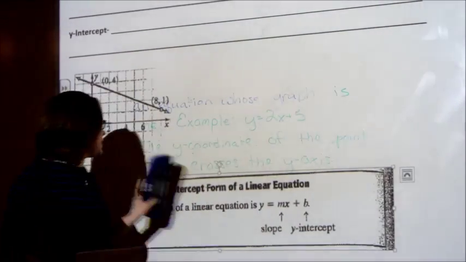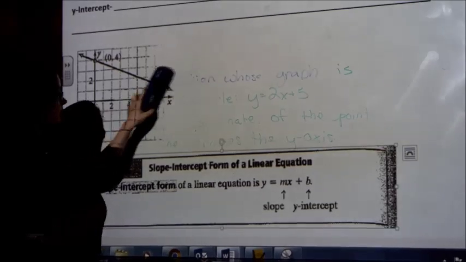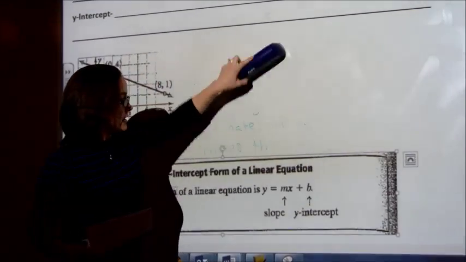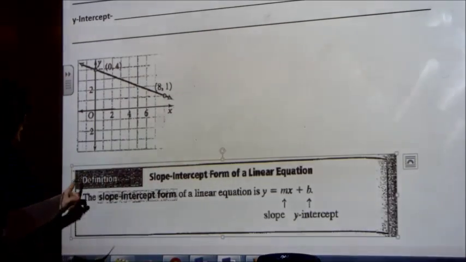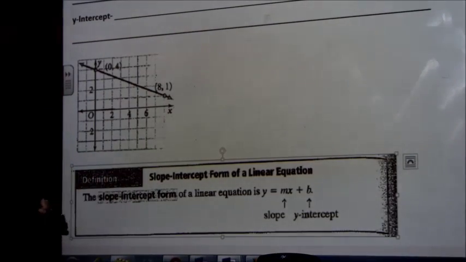And here we're going to look at a linear equation example. And I just did a graph with a line here. And here we're going to see the definition of slope-intercept form of a linear equation.